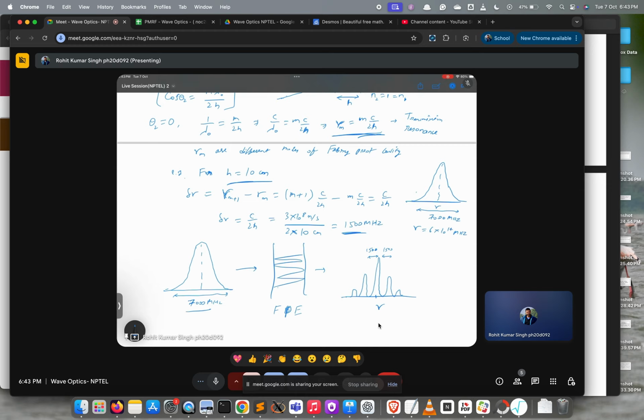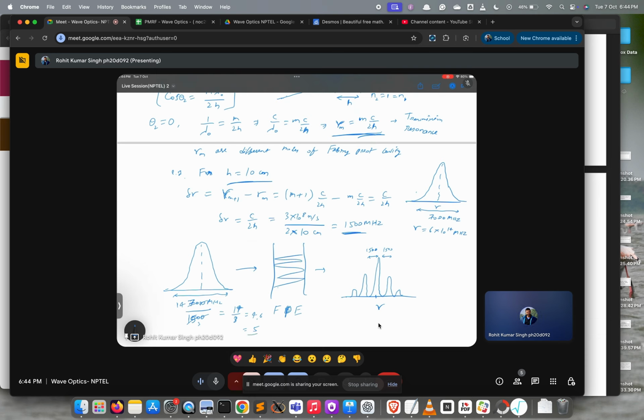You can just divide it, 7000 divided by 1500, right? What do you get? 14 by 3, 4.6 or something, right? So if you convert it into an integer, you get 5.